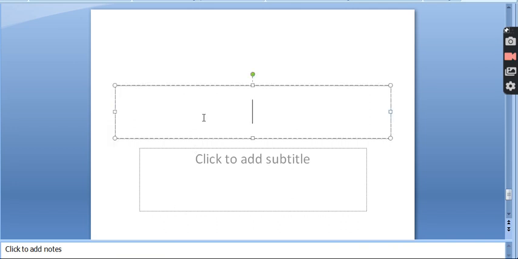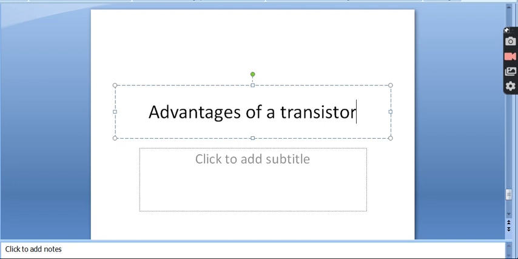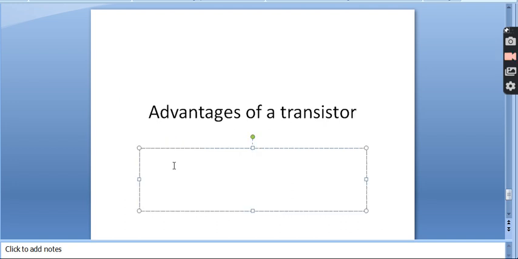Now the advantages of a transistor. The first point is no heater is required.